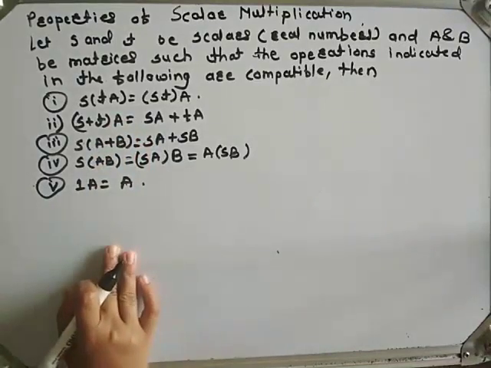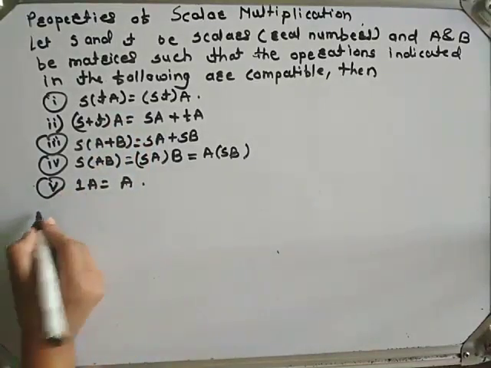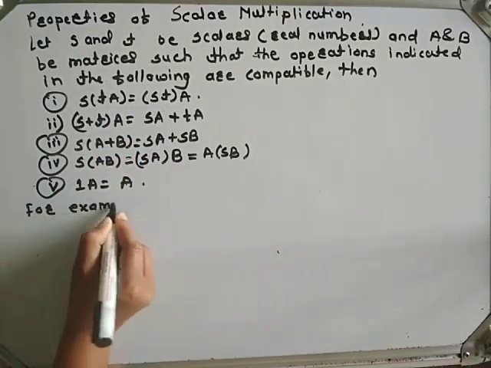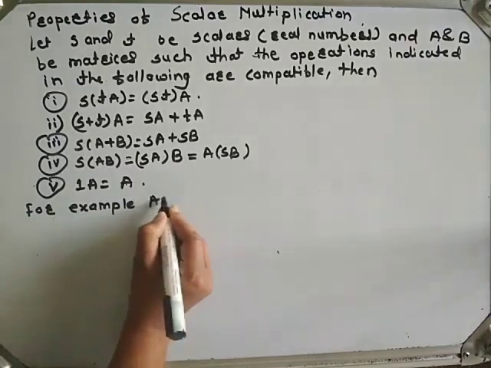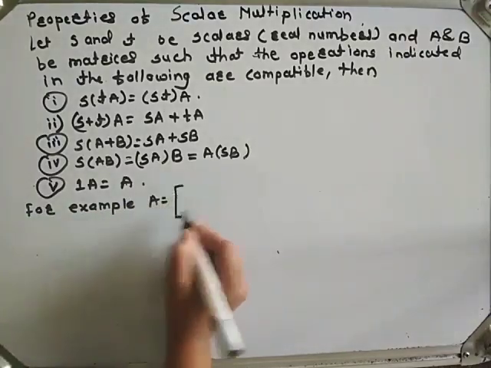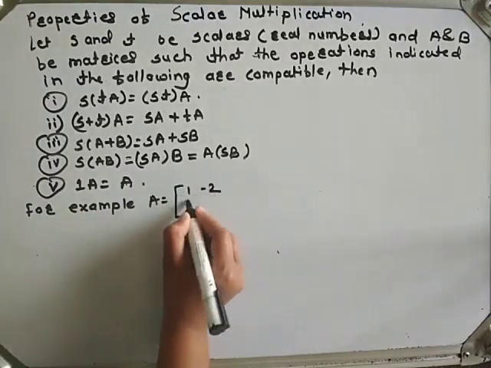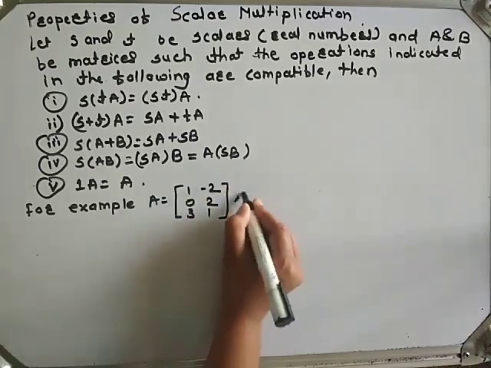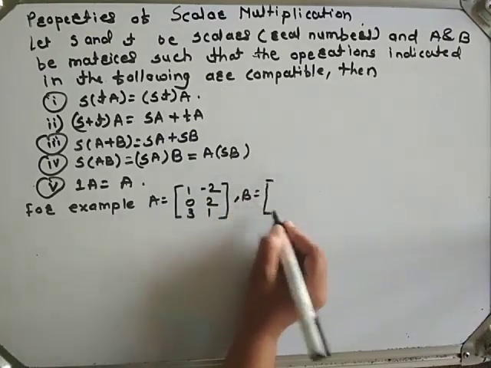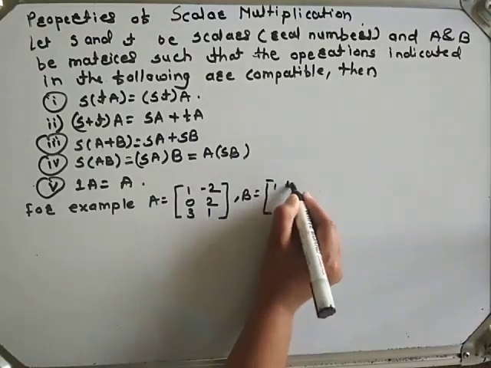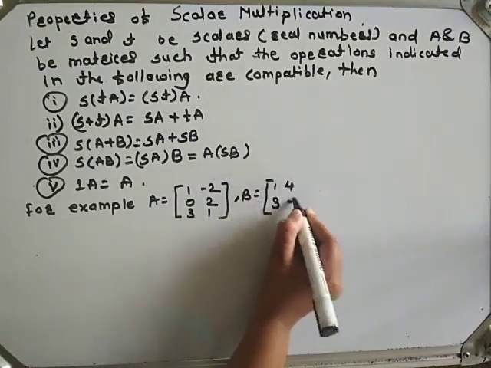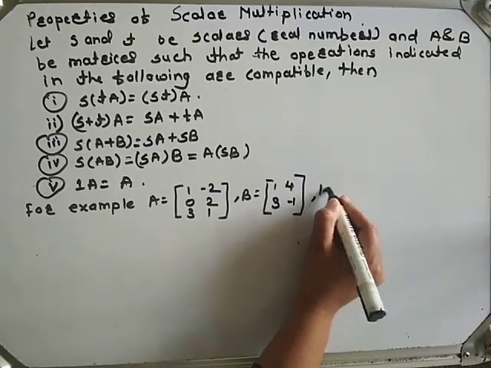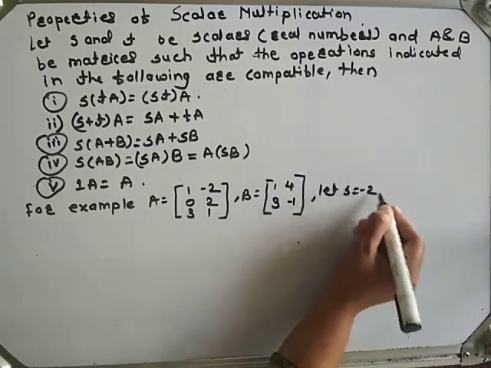Let us prove fourth number property. For example, A is equal to matrix [1 -2; 0 2; 3 1], B is equal to matrix [1 4; 3 -1], and let S is equal to -2.